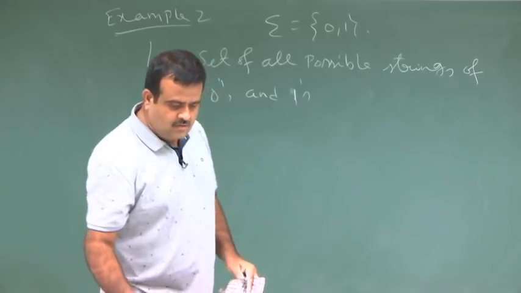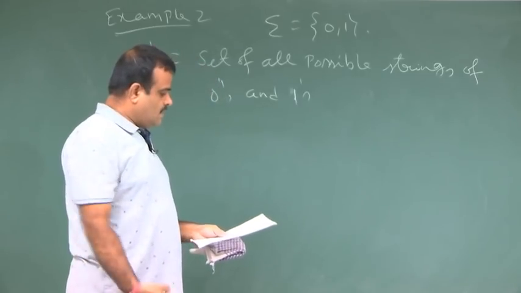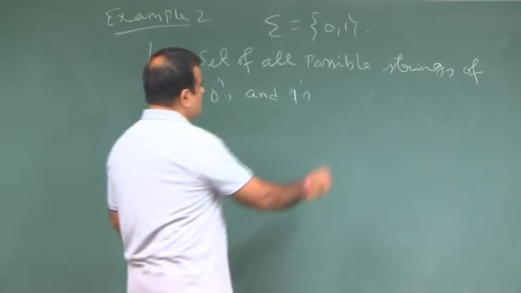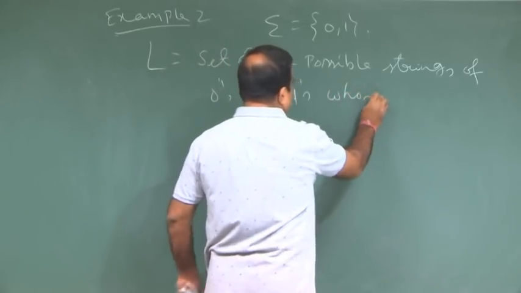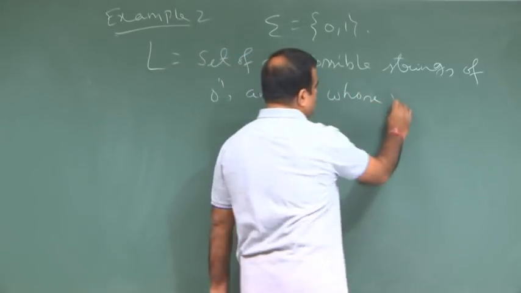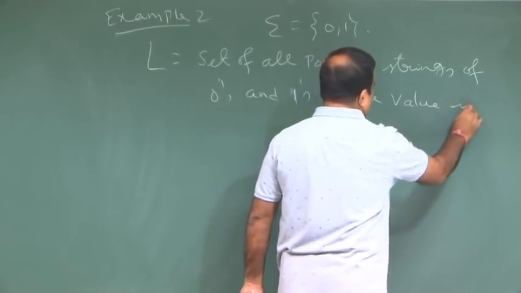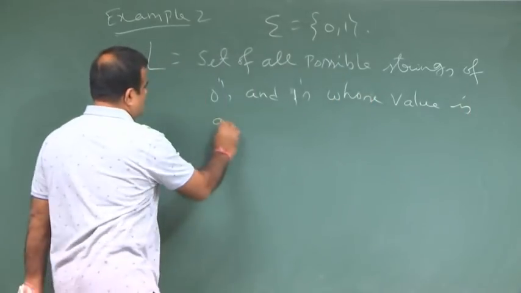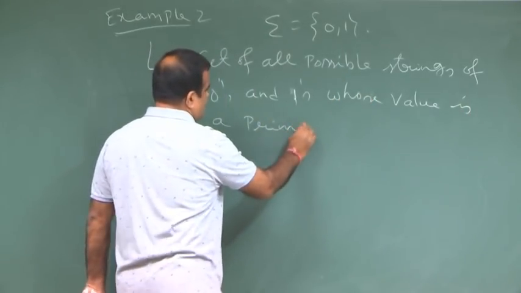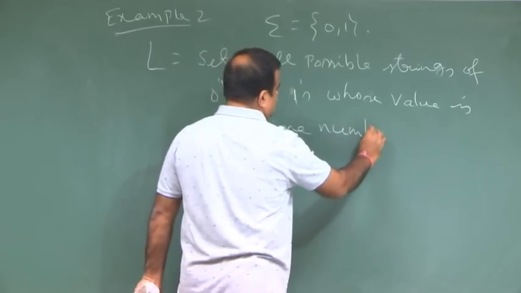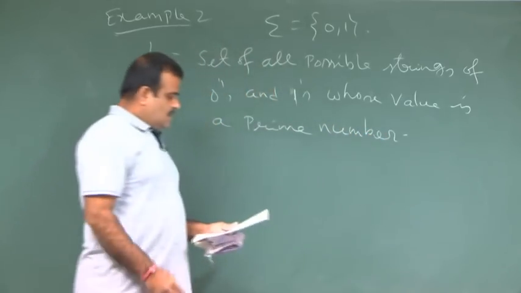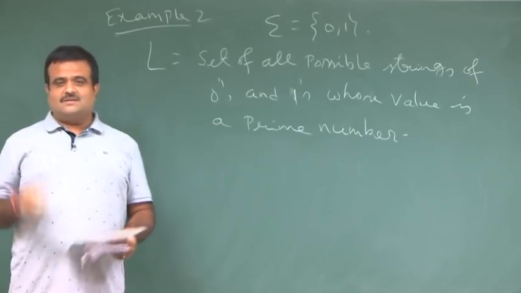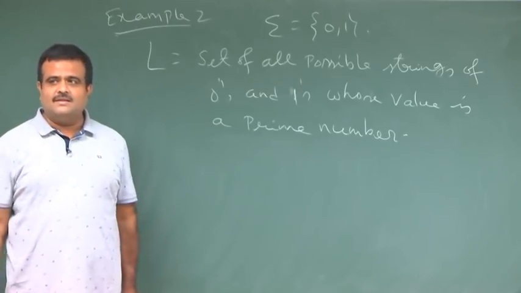Here the null string will not come, because it has to be a number.